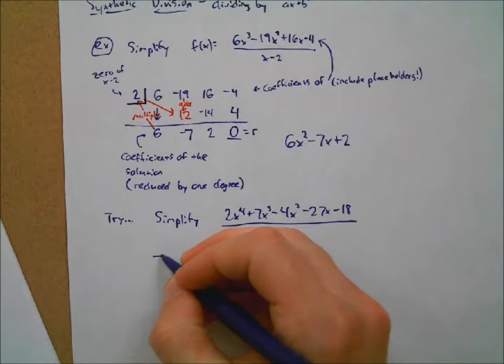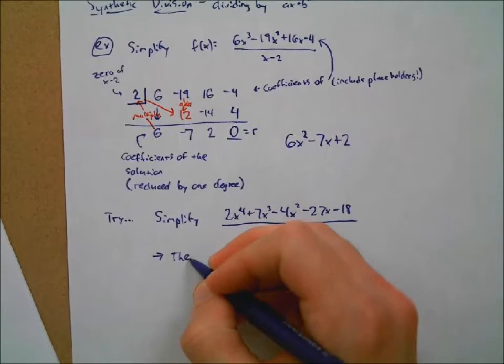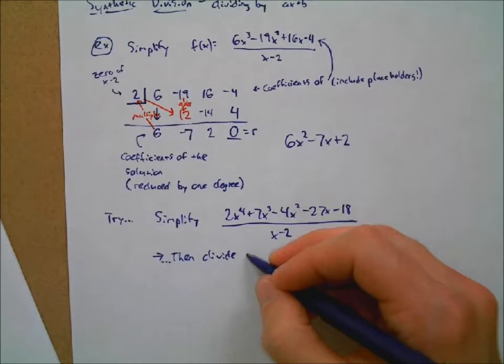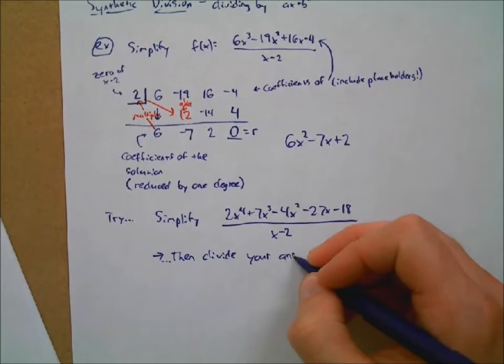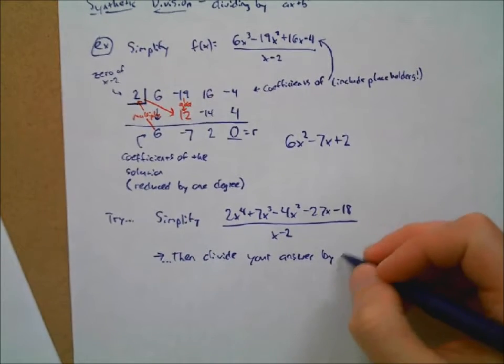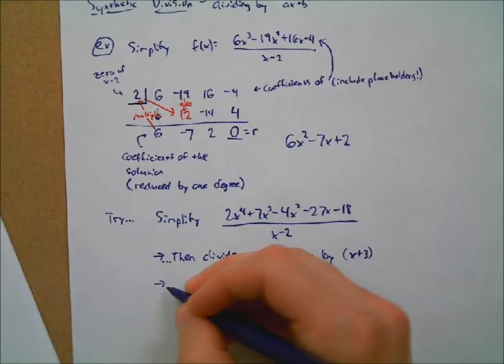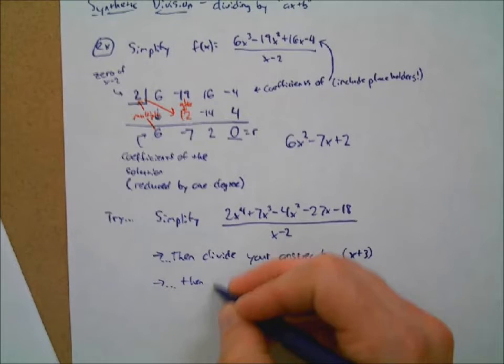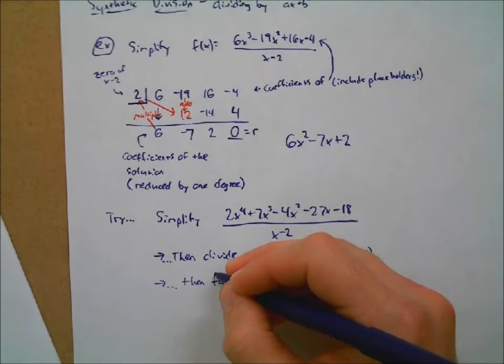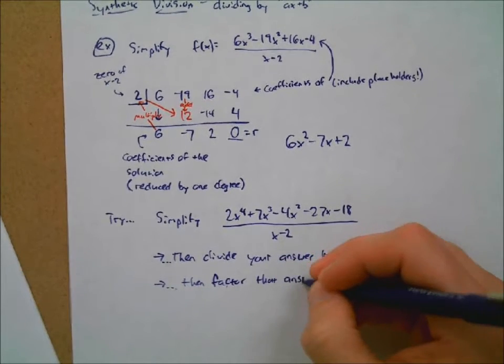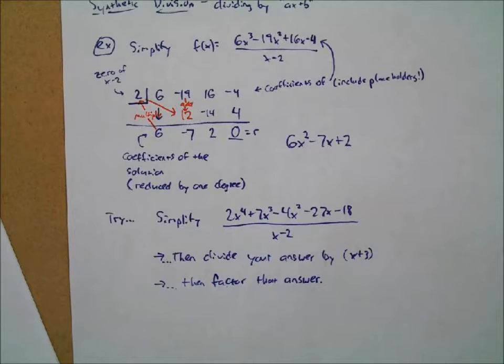Once you do that, then divide your answer by x plus 3. Then factor that answer. So you really have 2 divisions, and then I want you to factor your final answer.